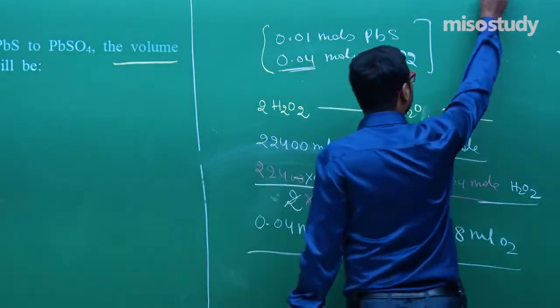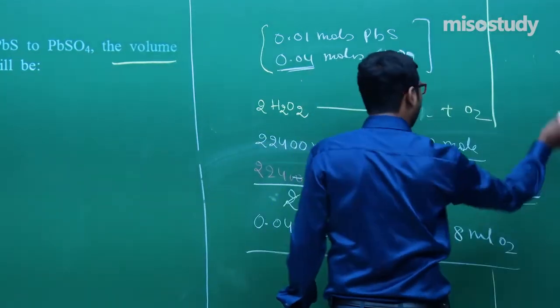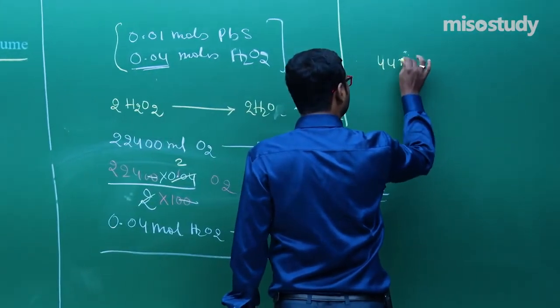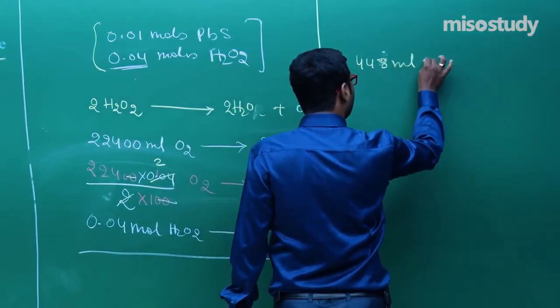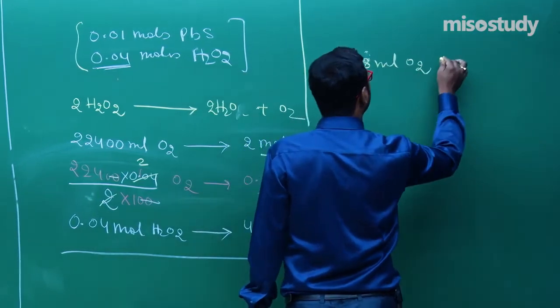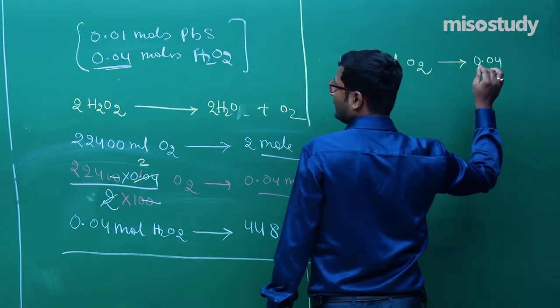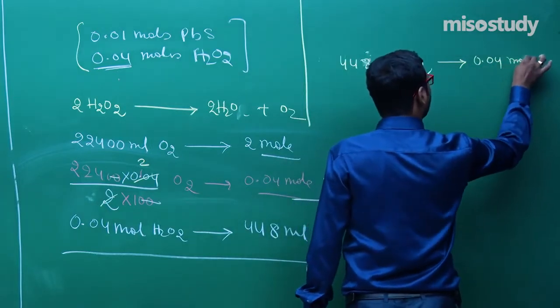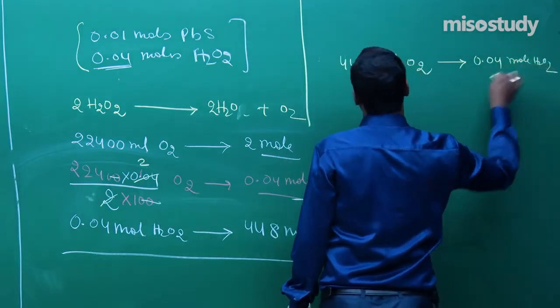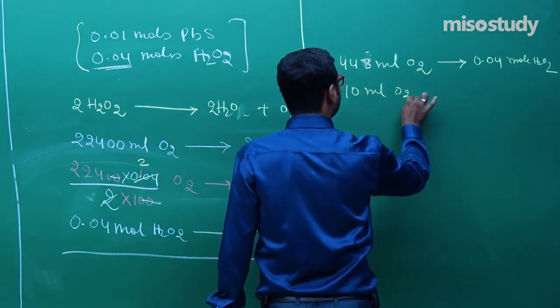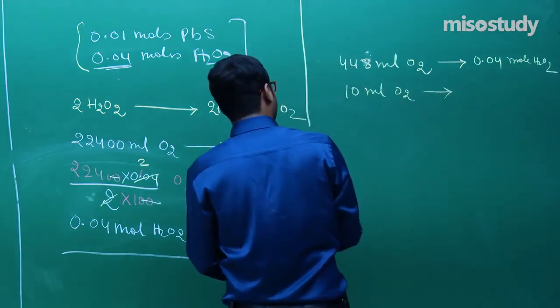We know 448 ml O2 we get from 0.04 mole of H2O2, then 10 ml we get from O2, it's very simple.